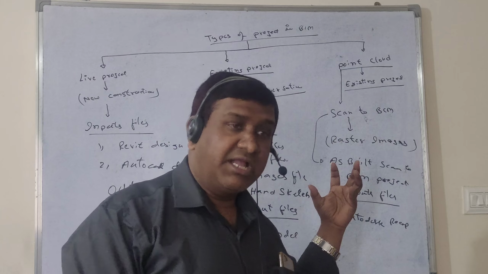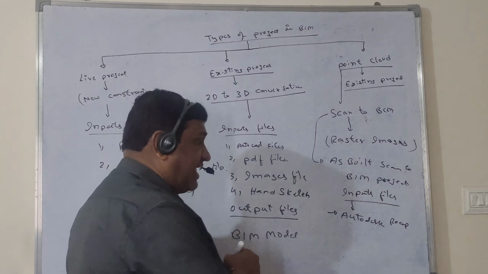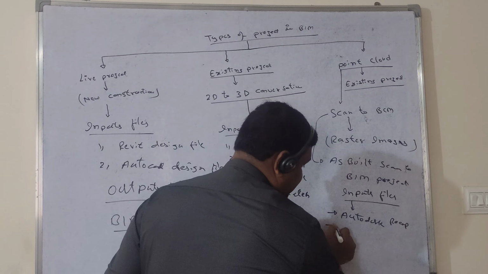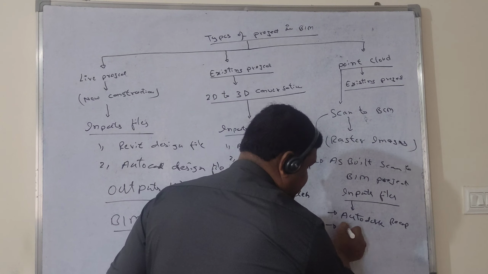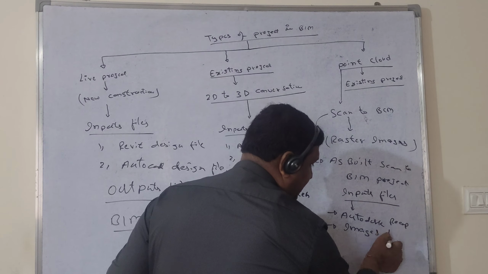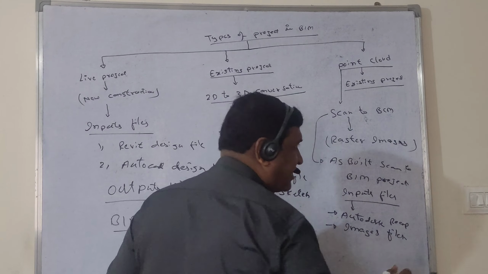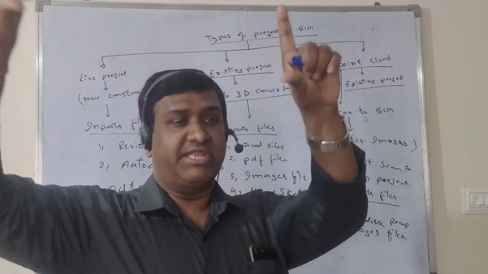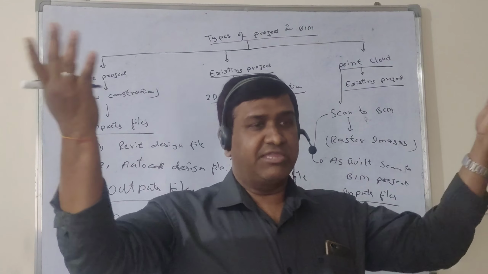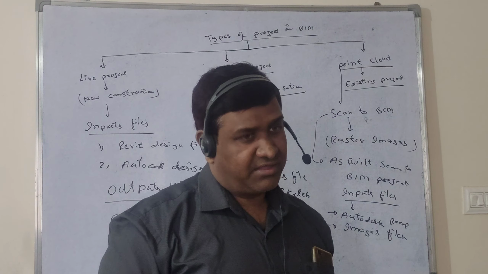Okay, so that is our input file in Scan2BIM. And some companies will also give some images, meaning live images. Some image files you will also find, because the site will take some photographs and share those pics with us.